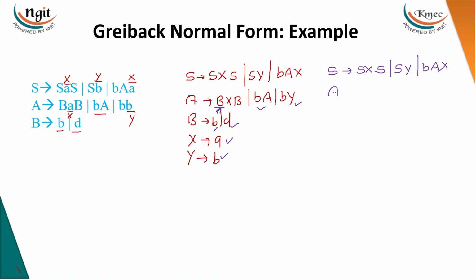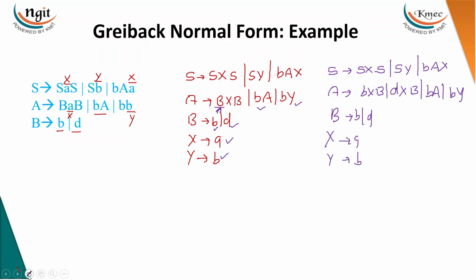Then A tends to, in place of B, substitute once B, once D. Then BXB, DXB, and write down the remaining productions as they are: BA, BY. Then B tends to B or D, X tends to A, Y tends to B.